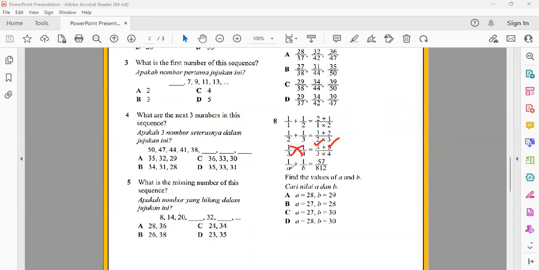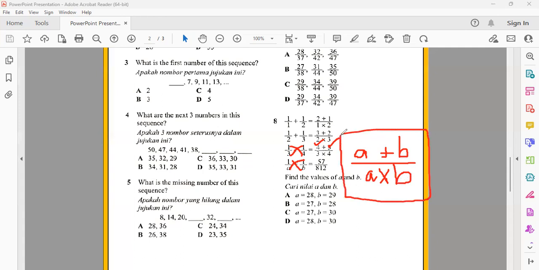So in that way, A times 1 must be A, and B times 1 must be B. And over here, the total must be A times B. That's how you understand this now.